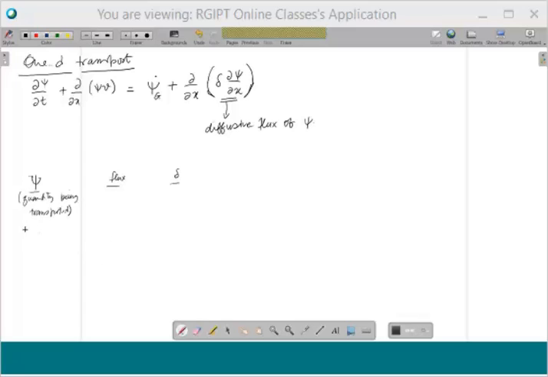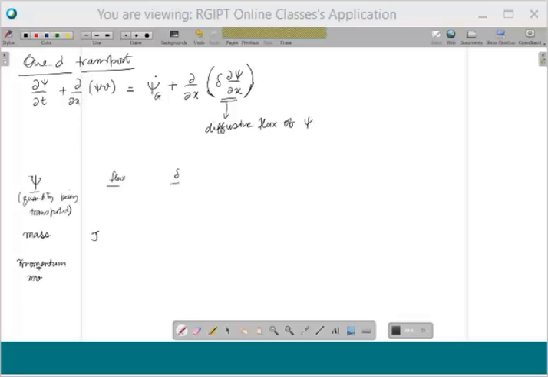For example, if it's mass, then the mass flux is called J. Or if you're looking at moles, you can express the same mass in terms of moles of a species, then that will be molar flux, represented by J. If it is momentum, momentum is m times v.